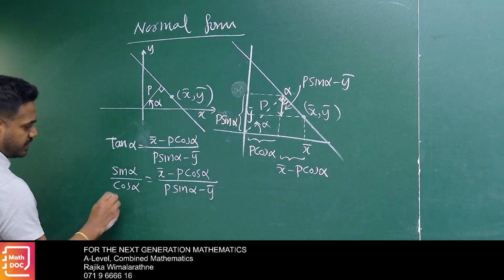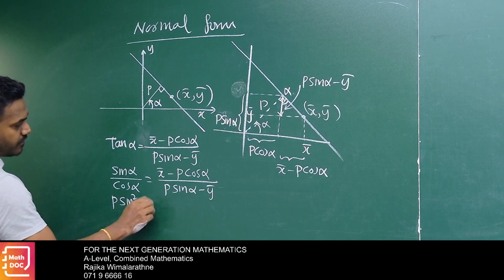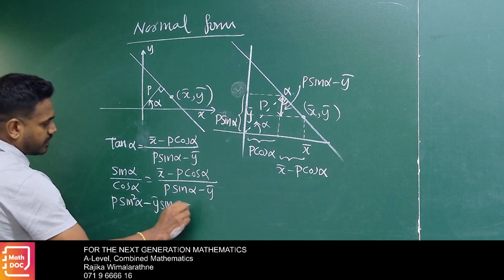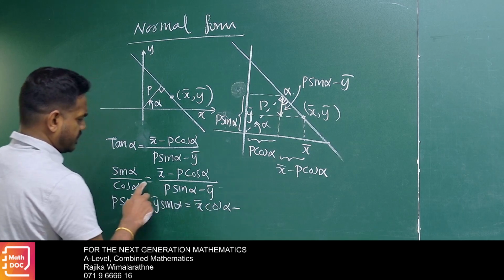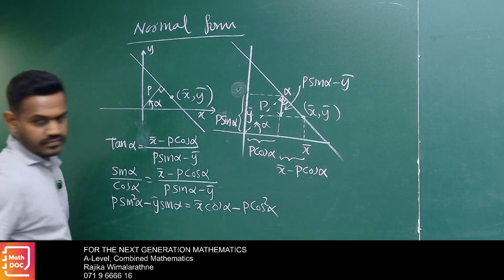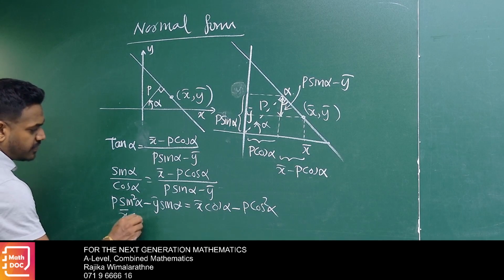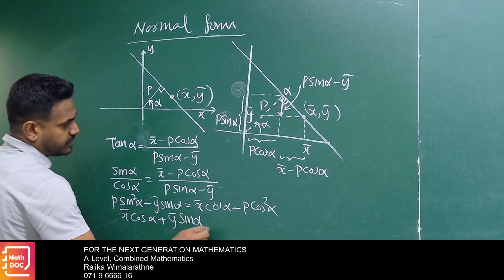Then cross multiply: P sin squared alpha minus y bar sin alpha equals x bar cos alpha minus P cos squared alpha. Then x bar cos alpha plus y bar sin alpha.